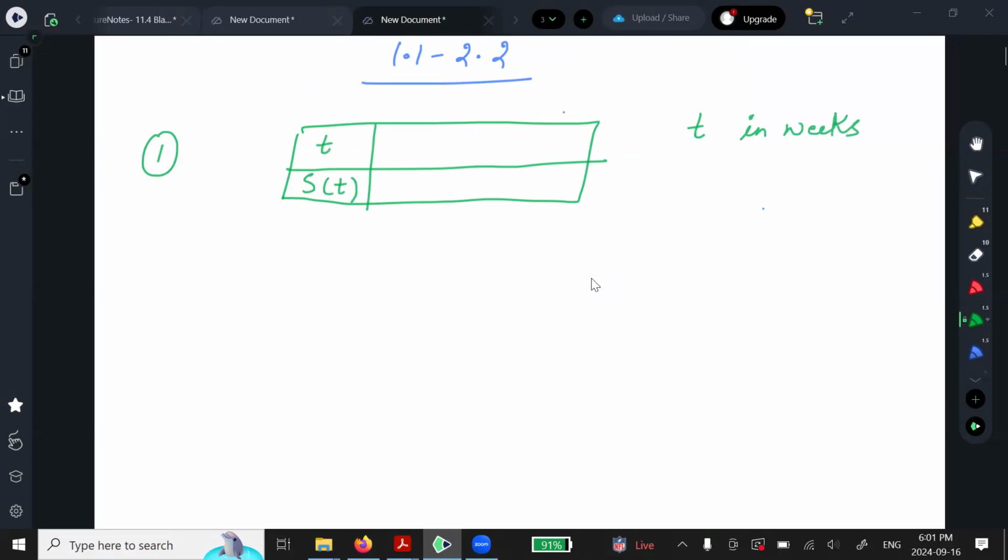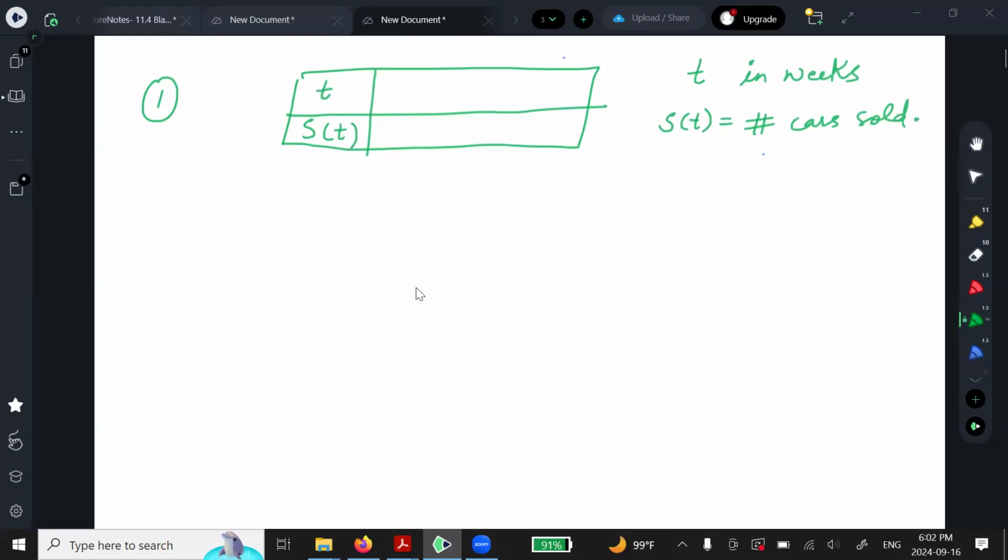And S of t is the number of cars sold. It's using the average formula. If you recall from our first lecture, we did the average of a function formula, remember? They're asking you what is the average rate of change in the number of cars sold between week 3 and week 6.